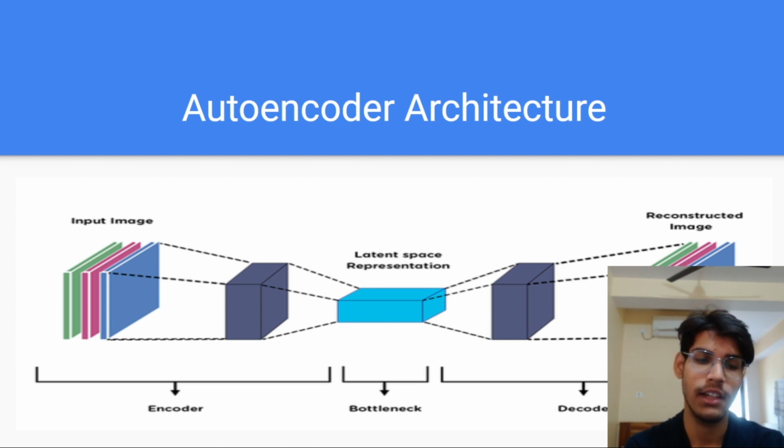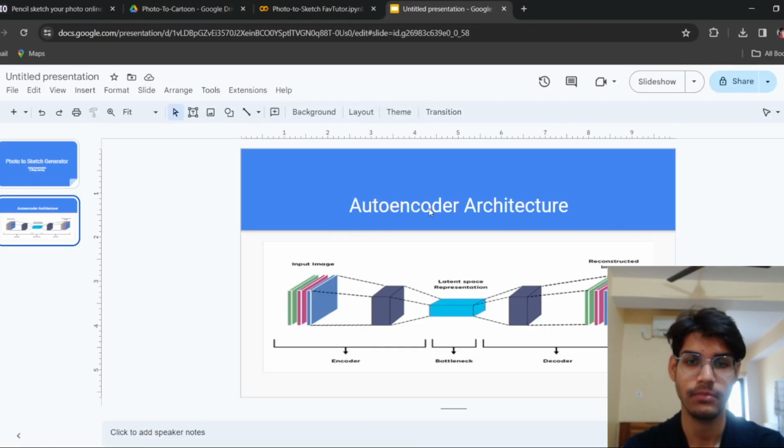This relevant information can hold only a few of the pixel values which are absolutely important and capture all the information related to the image, and from that latent space, which is the bottleneck of this architecture, my decoder reconstructs the image that I want to generate. So this is exactly how an autoencoder works, and it works perfectly for applications where you have an input image and you want another output image, which is basically another form of the input image, right?